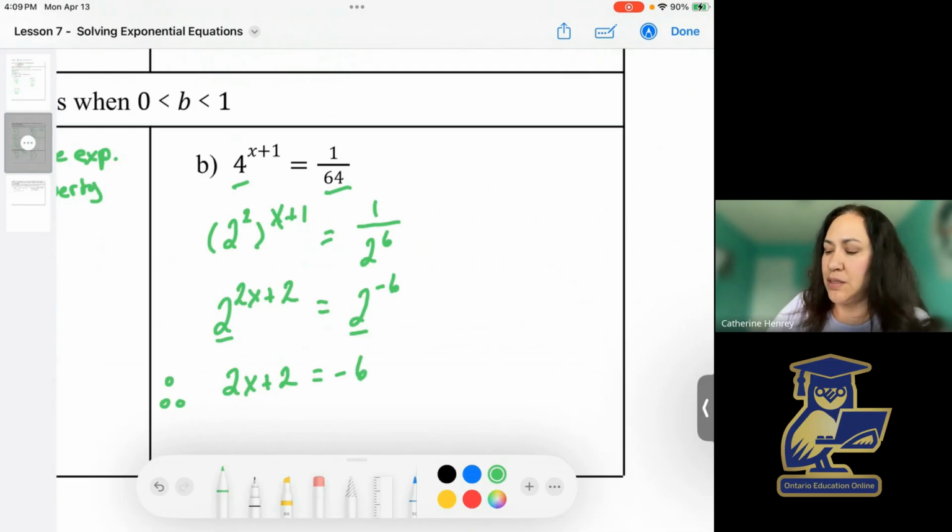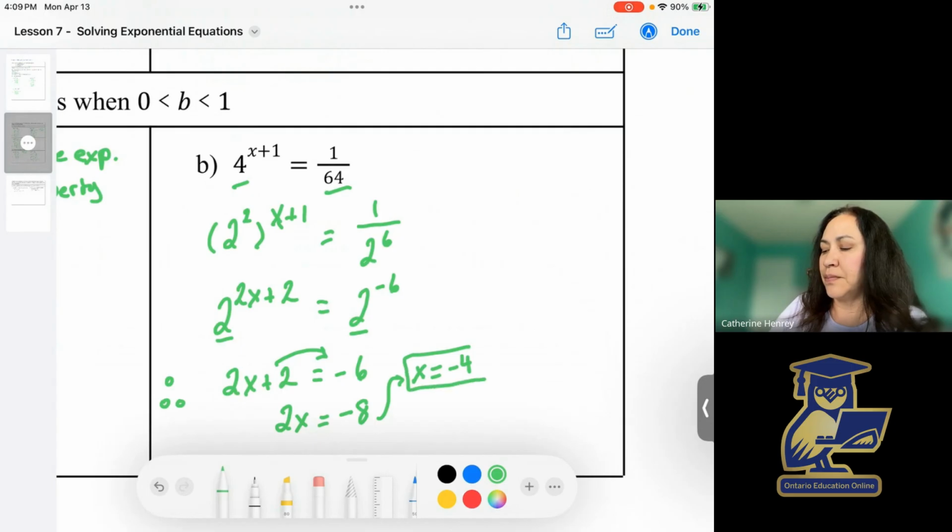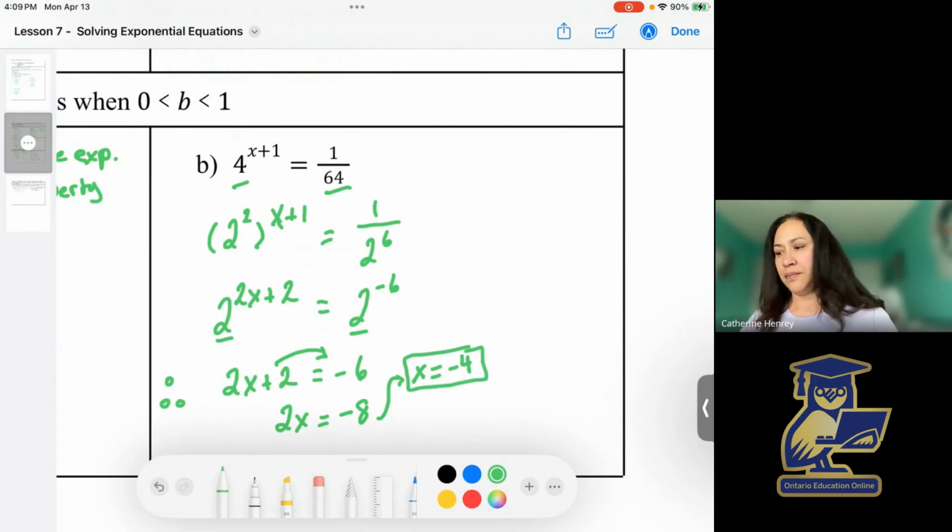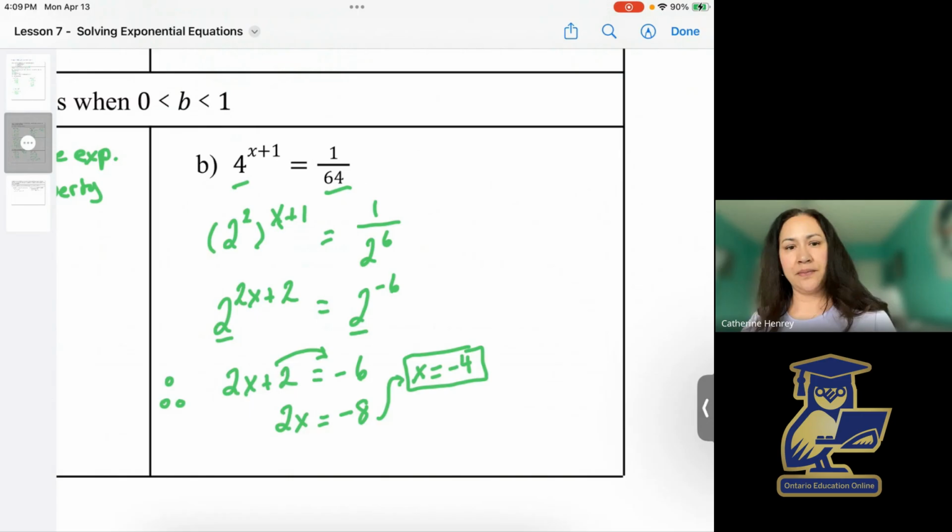Let's move this +2 over to the right side, and we'll have 2x is equal to -8. Divide both sides by 2, and we have x equals -4. Great.